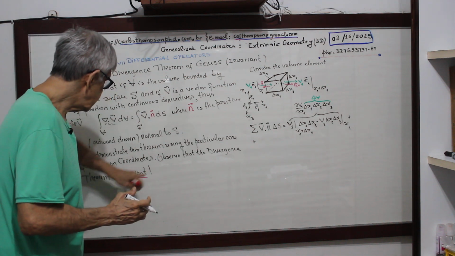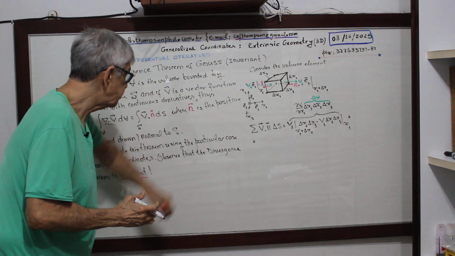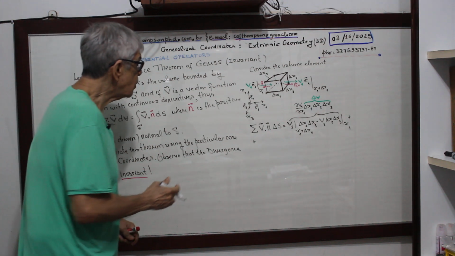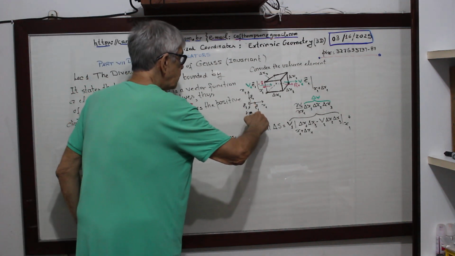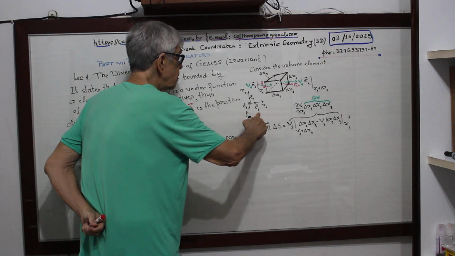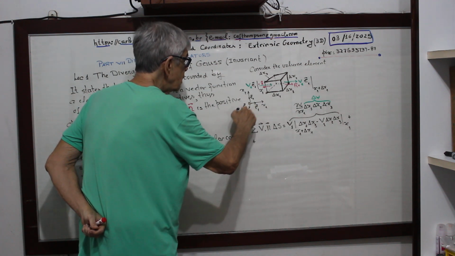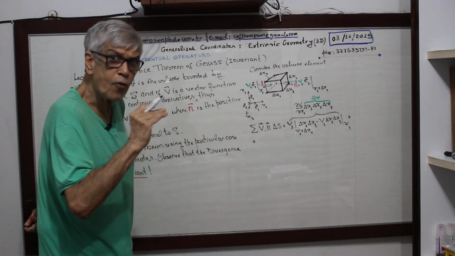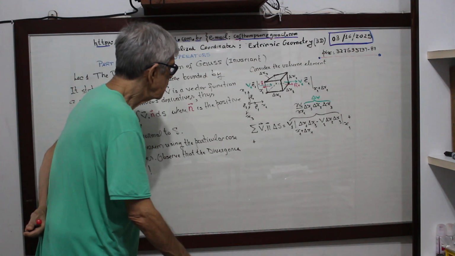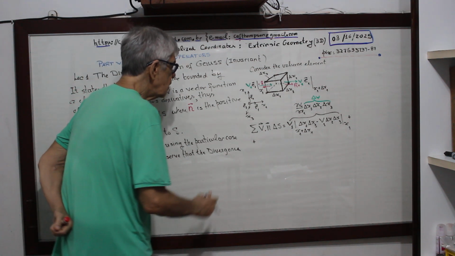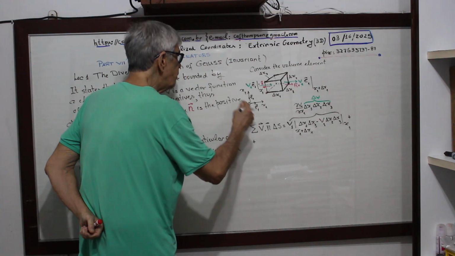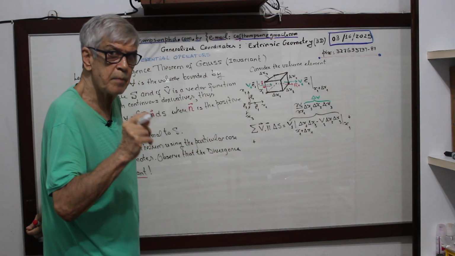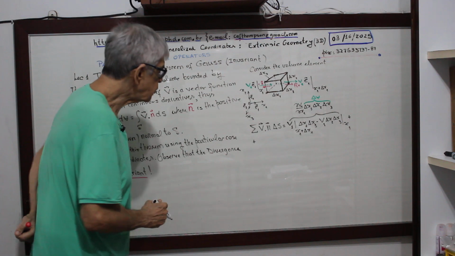Let's then develop this using Cartesian coordinates. This is a Cartesian system. E1, E2, and E3 are orthonormal vectors, okay? They are orthogonal and the magnitude is 1.